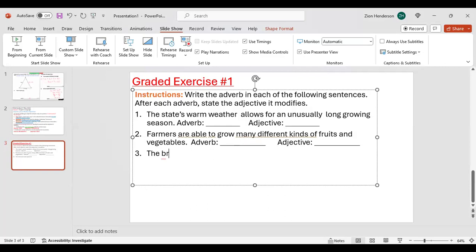Now let's say California avocados are tasty, but they have a very high fat content. So in this case, I want you to tell me the adverb and the adjective.